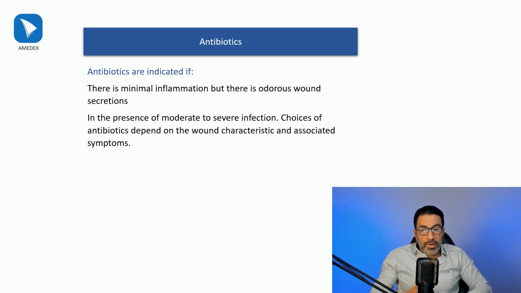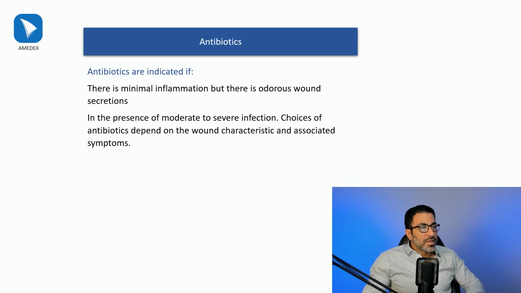You come across a diabetic foot ulcer, everything's clean, no sign of infection, no inflammation, but you sniff it and it smells like hell. It's malodorous, so you're going to consider antibiotics for that patient even without having any signs or symptoms of infection. The odor alone is enough to give us the go-ahead with antibiotics.